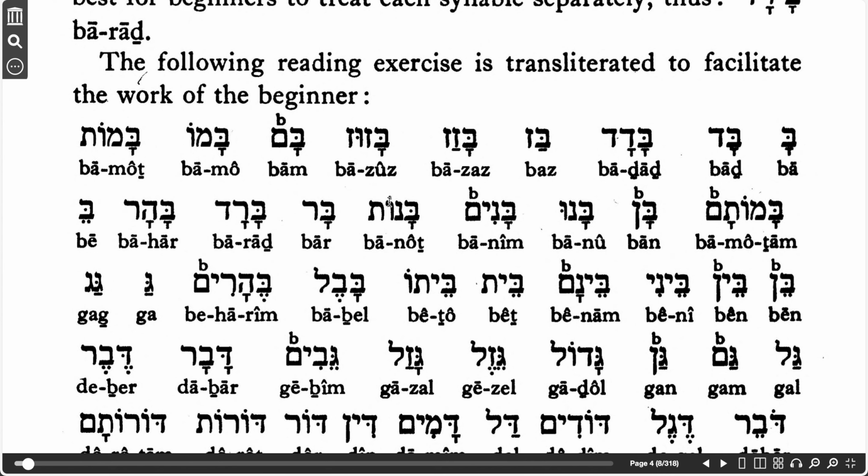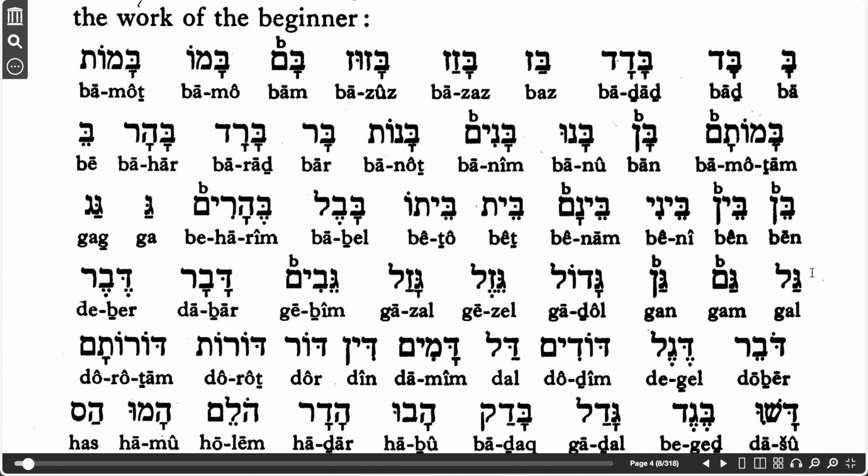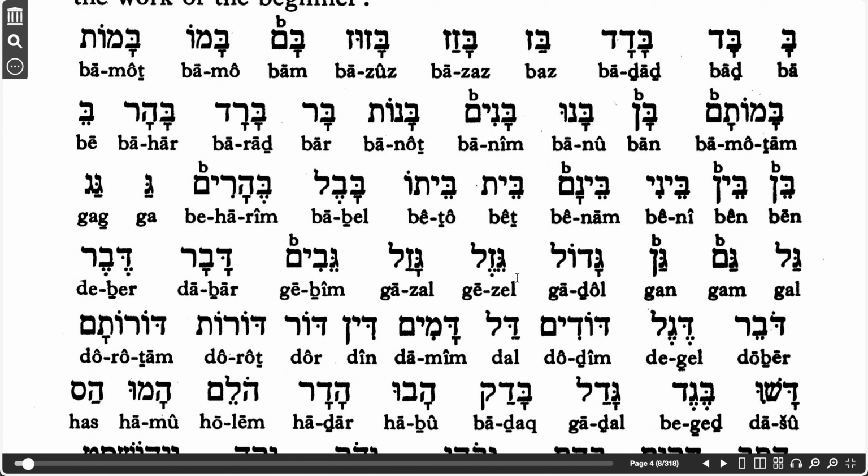Banot, bar, barath, bahar. So he's giving different combinations, and he's using the bait letter first in these examples. But if you work your way through this, pronouncing these words, this is the Hebrew word.